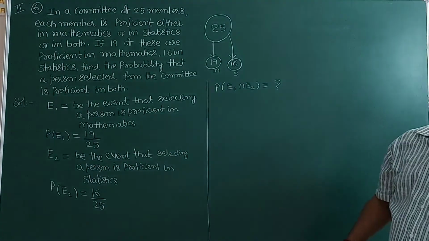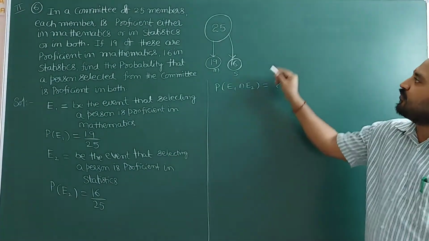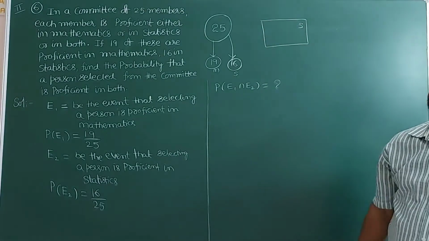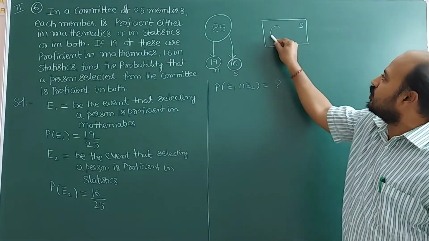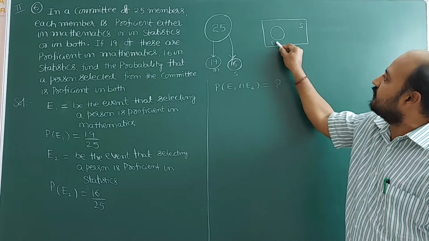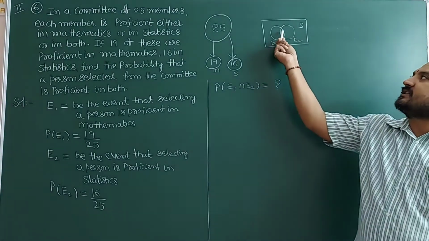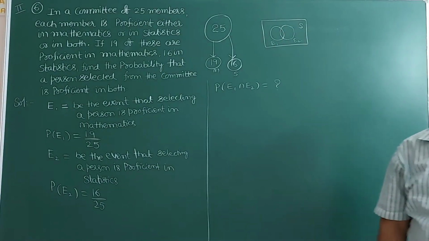E1 and E2 are two events in the sample space. So this intersection probability we are going to calculate.